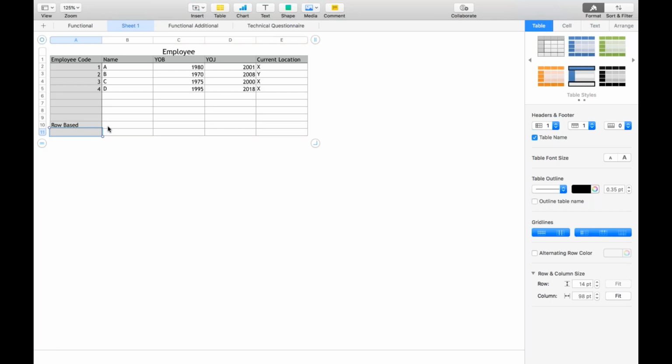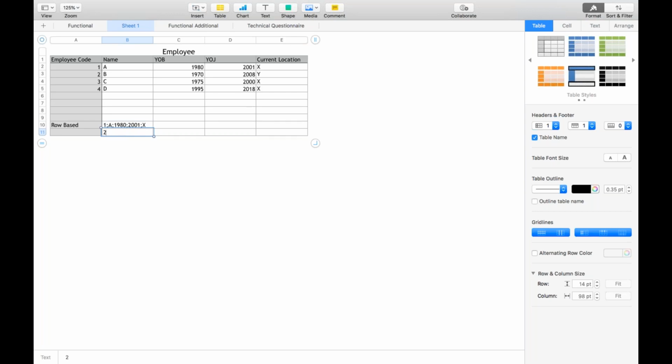So how is the data stored in the row-based form? This complete row will become one record, with some separator between values. So 1, A, 1980, 2001, and X. This is one record.